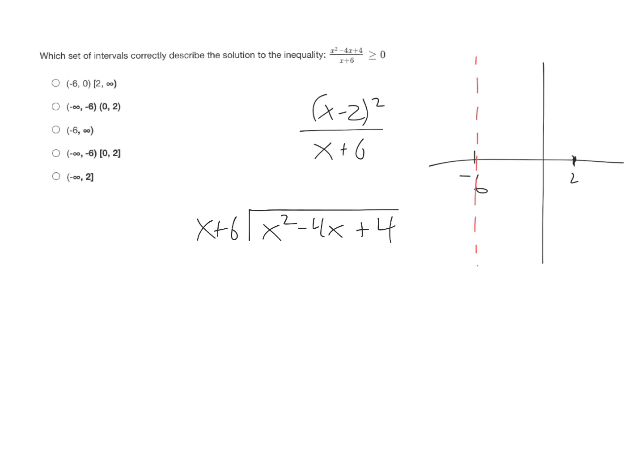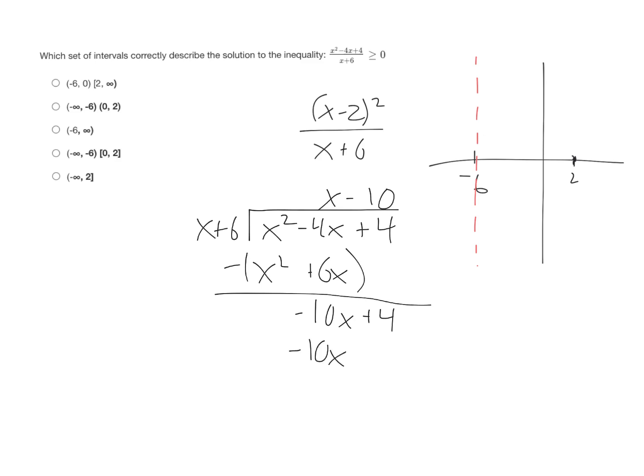So if I do my division here, I'm going to have an x, and then I'm going to multiply, and then subtract. That gives me a negative 10x. Nothing to combine with the 4, so that just comes right on down. Keep going. Then that's minus 10. And then I get negative 10x minus 60.